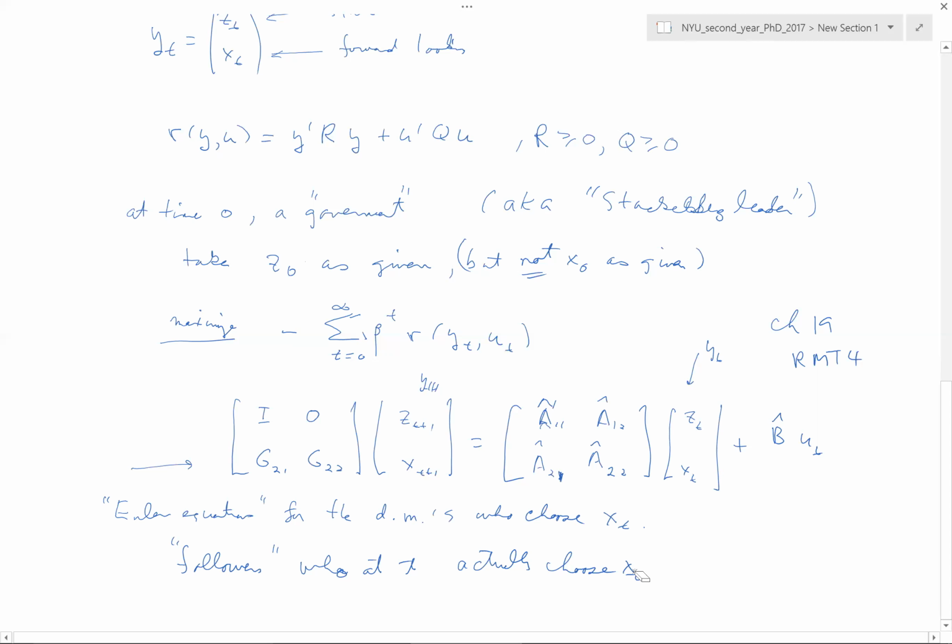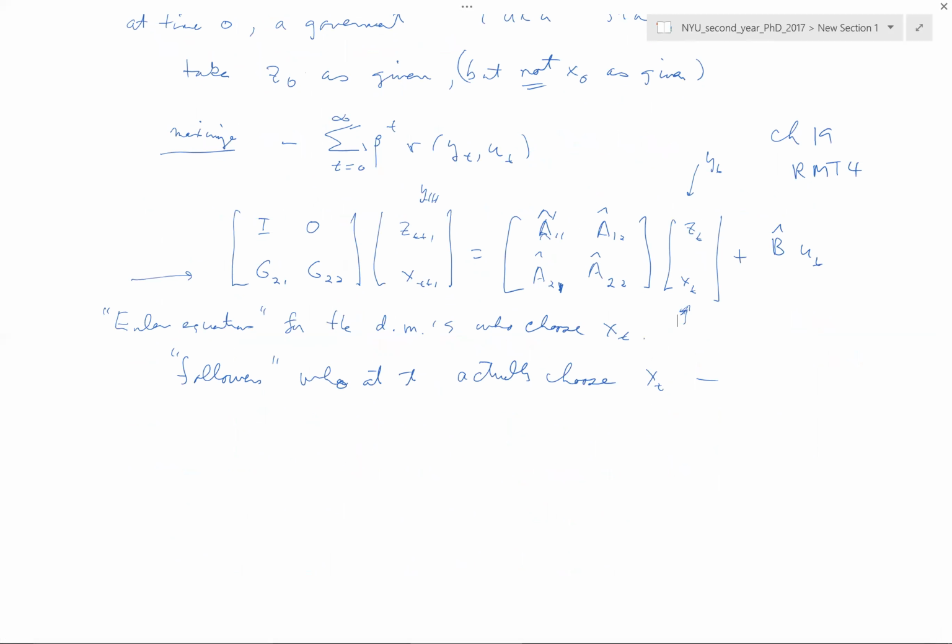And they choose them according to their own little maximum problems. And those maximum problems give rise to first order necessary conditions that take the form of Euler equations that express X(t) possibly as a function of current Z(t) and future X(t+1) and future Z(t+1). So the consumption Euler equation might be an example.